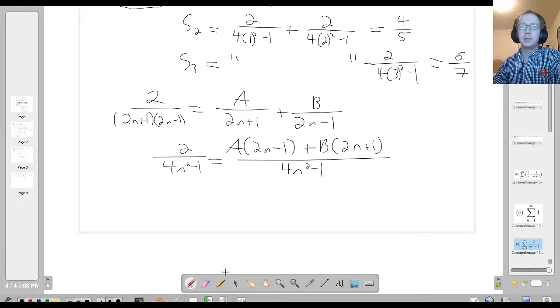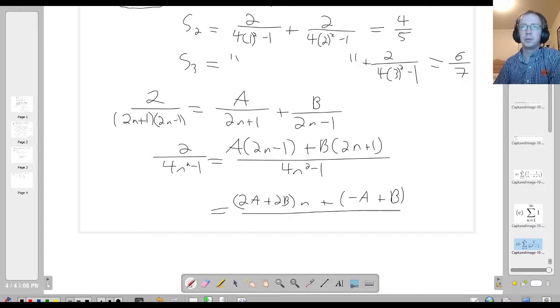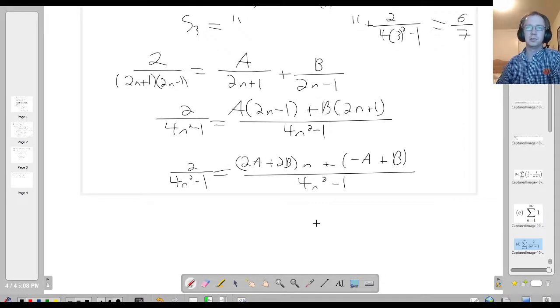Let's group together my n terms. So I've got 2an and 2bn, and then my constant terms, negative a plus b. So let's make a little system of equations here. If I pay attention to the n terms, 2a plus 2b on the right side is equal to 0 because there is no n term.